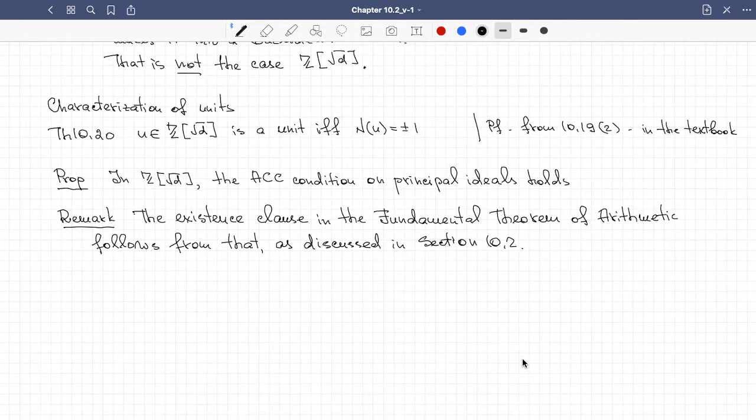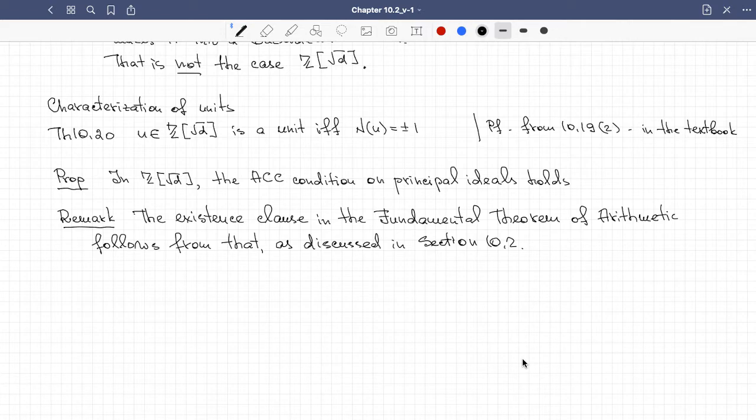Thus, this proposition just allows immediately for an alternative proof of the existence clause.